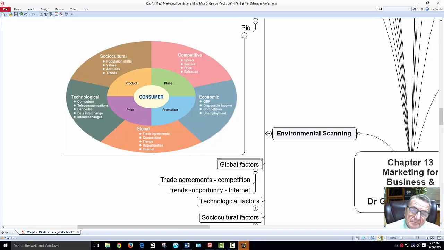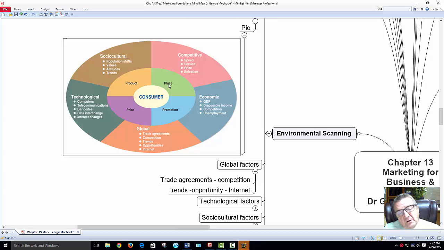When I'm looking at these environmental forces, it's all looking at where's my place, what's my product, what's affecting my price, the SWOT: strengths, weaknesses, opportunities, and threats. Strengths and weaknesses are within the organization, opportunities and threats are outside. I, as a business owner, have to be aware of it.